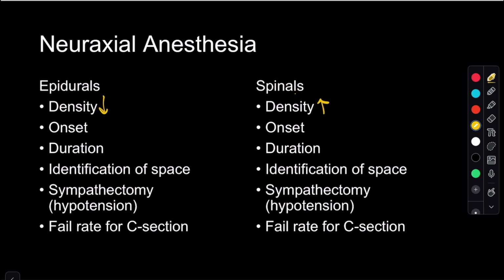So most epidurals that you see for a patient going through labor don't have sufficient anesthesia for a patient to undergo a C-section, whereas spinals are kind of the standard that you'll see for patients undergoing a C-section. The caveat to that is epidurals can be updosed, and when you increase the dose of medication in the epidural, most of the time that's sufficient for a patient to then undergo a C-section.